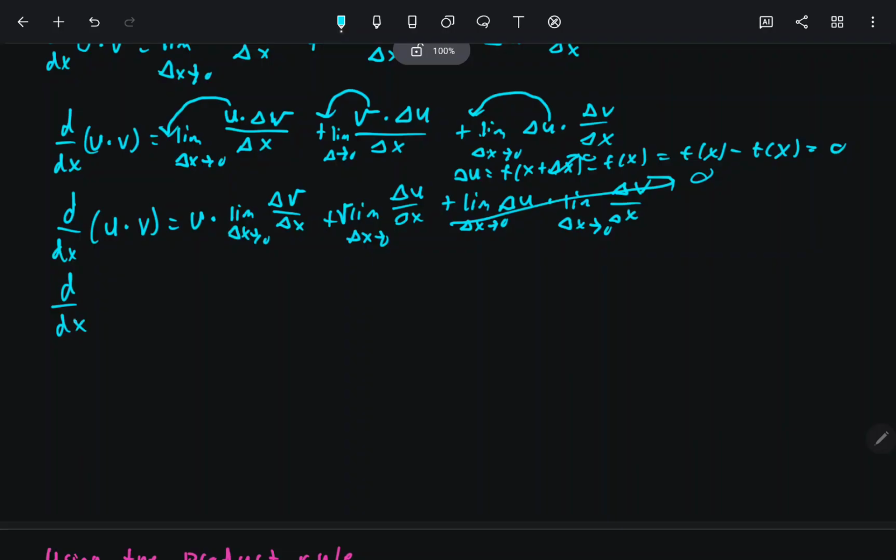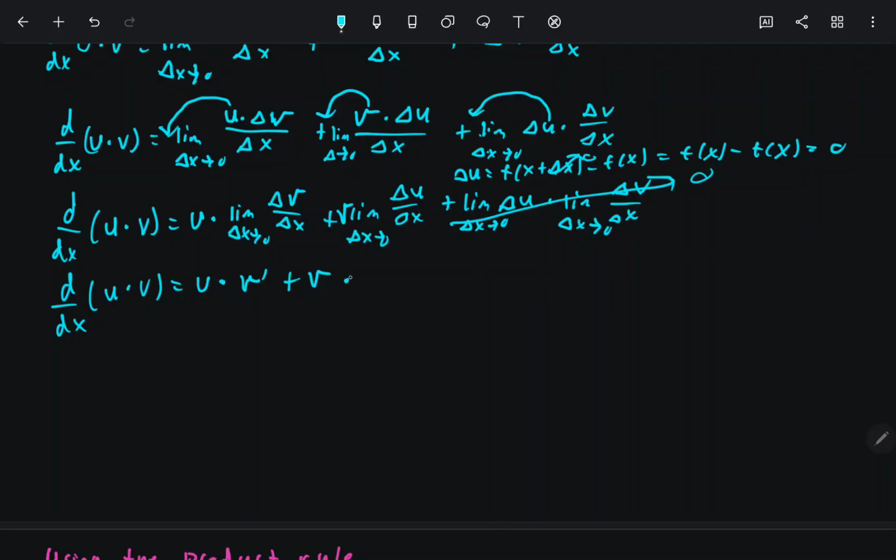d over dx of u times v. This is just the limit as change of x approaches 0 of the change of v over change of x. That's the derivative. This is v prime. So this is u times v prime plus v times the derivative of u, as this is the definition of a derivative.